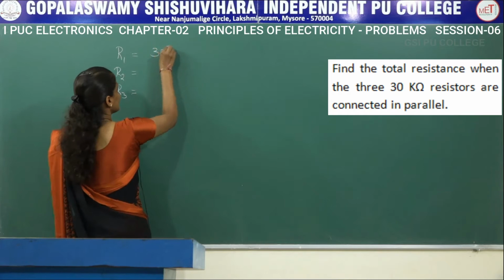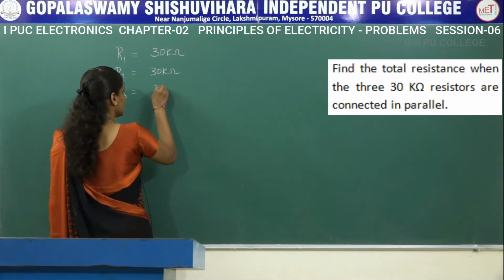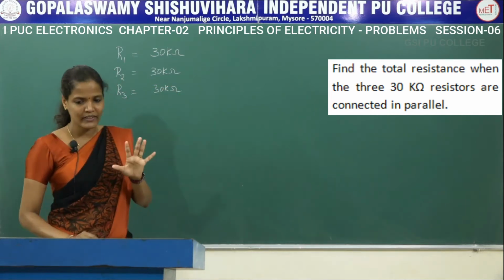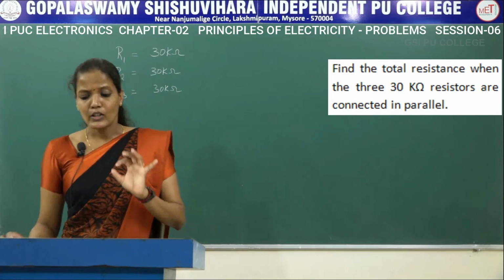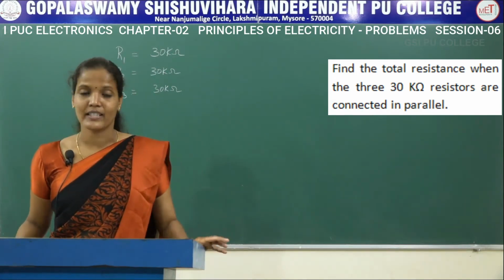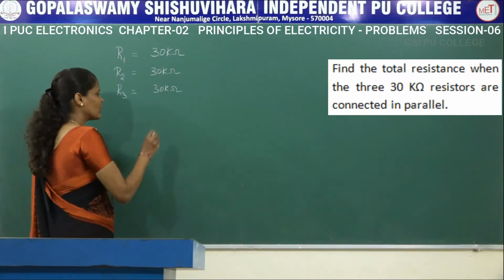That is, it is equal to 30 kilo ohm, 30 kilo ohm and 30 kilo ohm. Read the problem carefully and try to understand what is given. Find the total resistance when the three 30 kilo ohm resistors are connected in parallel. So I have to find out the total resistance.